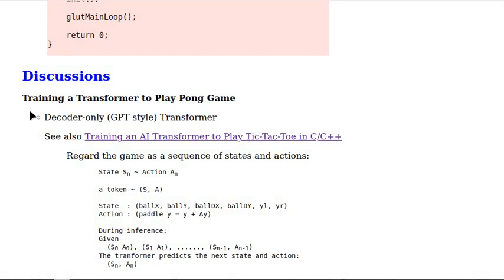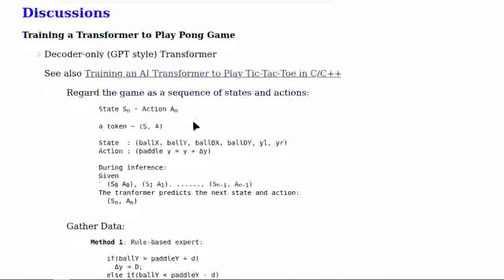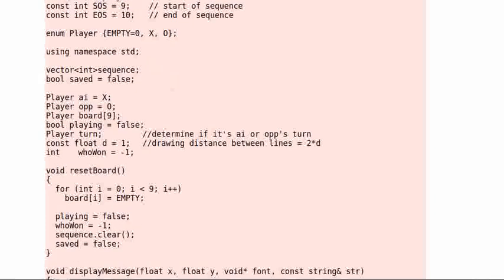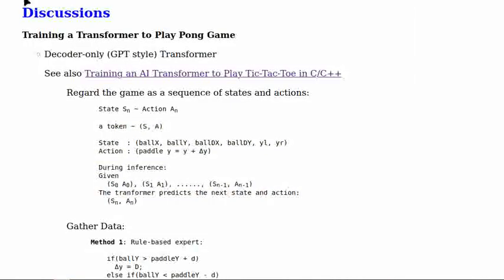Finally, let's discuss how we can train a transformer to play the Pong game. We can use a decoder-only, or GPT-style, transformer. We discussed this before in the video, training an AI transformer to play tic-tac-toe in C++. If you're interested, you can refer to that video.